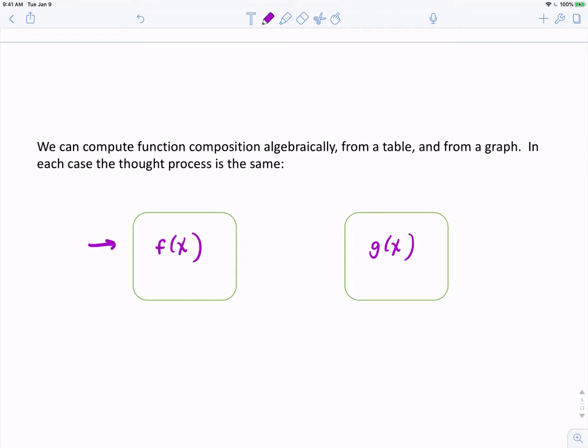So we put some value in, say x, and then we get an output from function f, and we put that output into function g, and then we get our final output. And so we can think of that as the composition of two functions. We've applied first function f, and then we've applied function g.